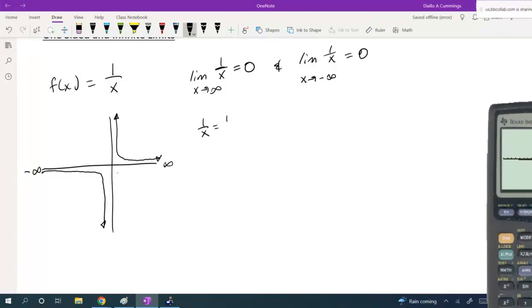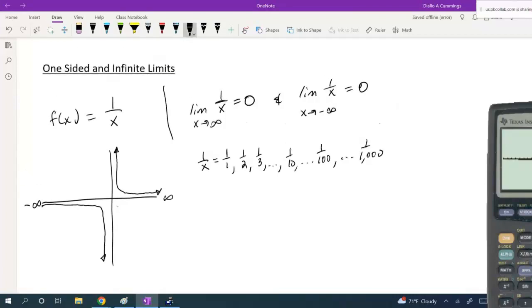So that could be 1 over 1, 1 over 2, 1 over 3, dot dot dot, 1 over 10, 1 over 100, dot dot dot, 1 over 1,000. That's going to keep on going forever and ever. Notice that these values are getting closer and closer to 0. And the same thing happens for the other half of this. The limit of 1 over x as x approaches negative infinity is also 0. So these two things are facts.